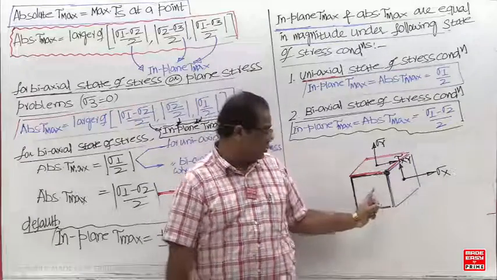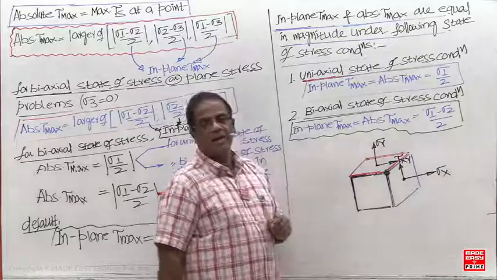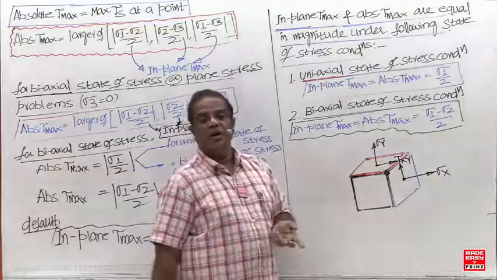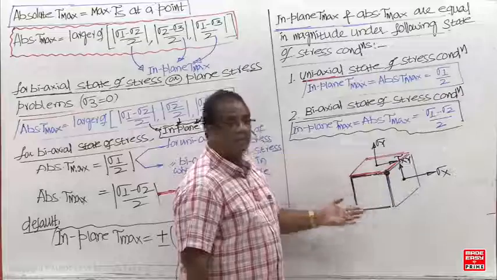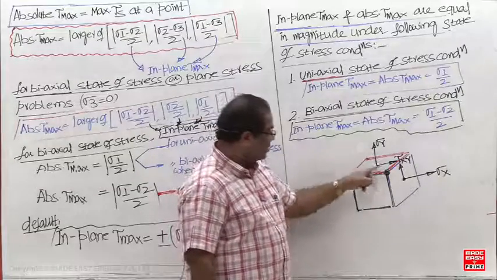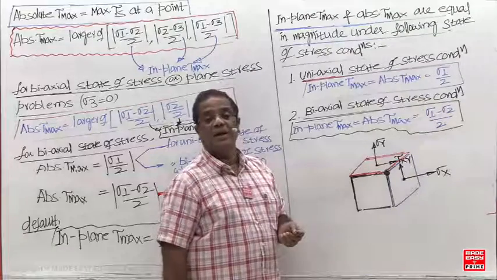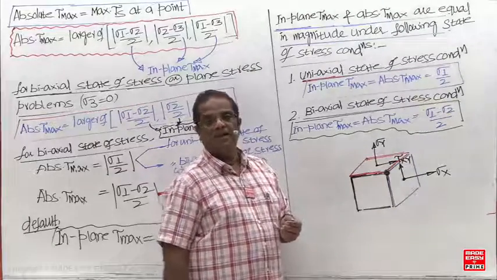But sigma z is 0 and tau yz is 0. Only sigma y will be there. So you get one in-plane tau max. Everybody says, sir, on the z face there is no stress, so why consider it? But when the point belongs to y and z, sigma y is there, and because of that sigma y you get one more in-plane tau max.